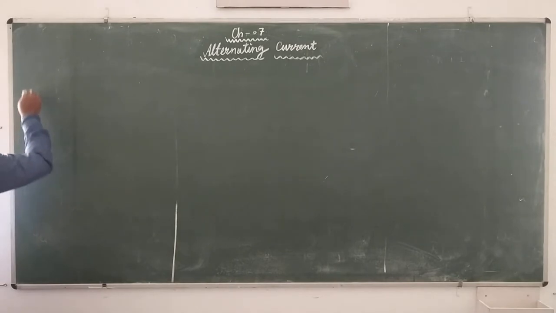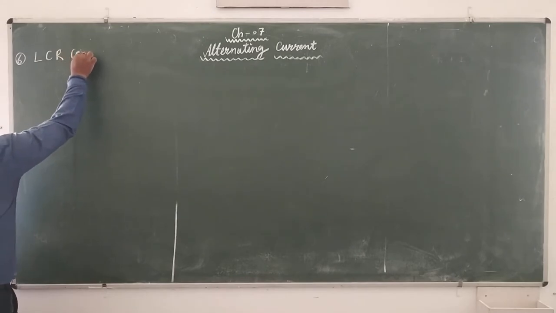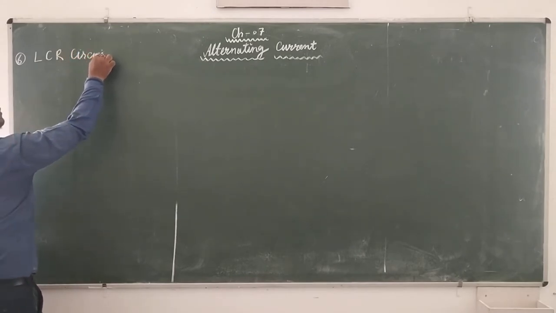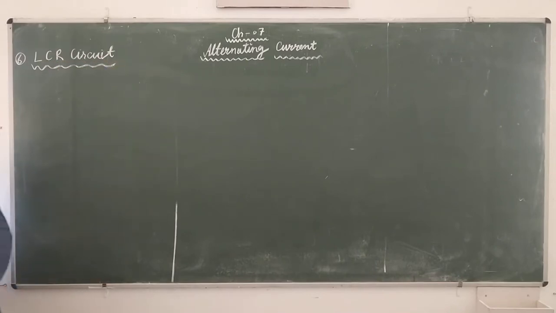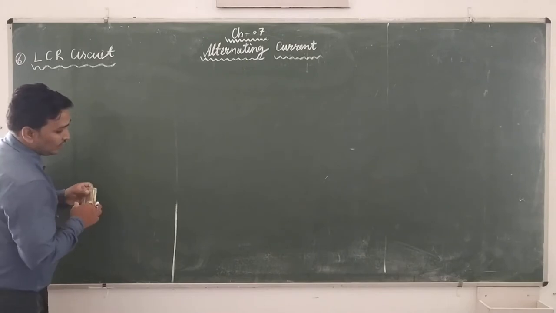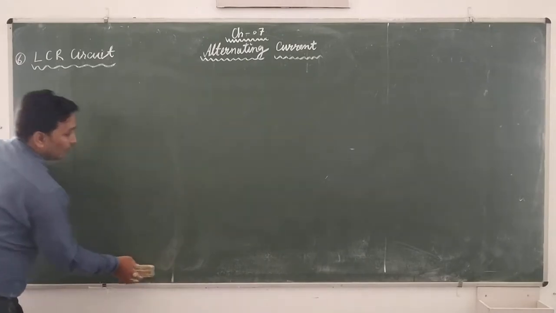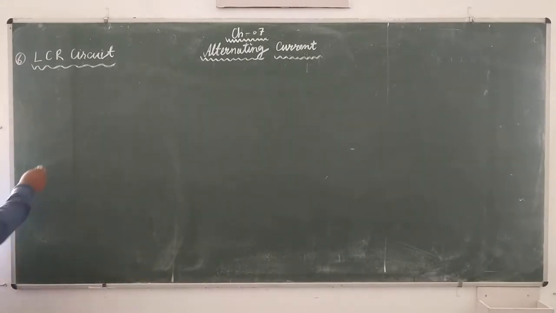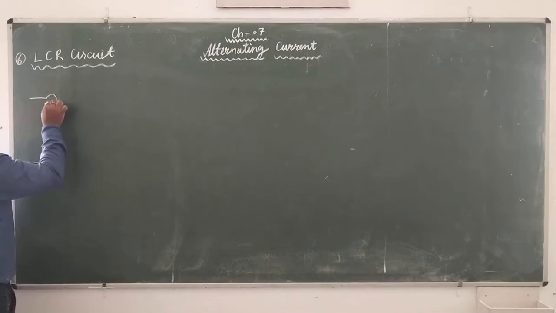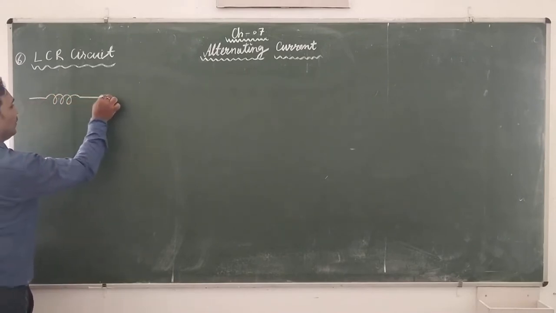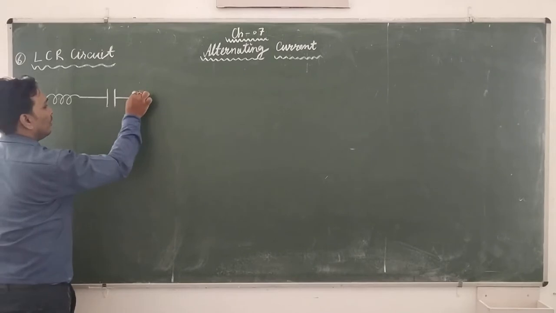The sixth circuit I am going to study and discuss is the LCR circuit. From the name it is very much clear. In this we are going to study the combination of all three: first an inductor, then a capacitor, then a resistor.